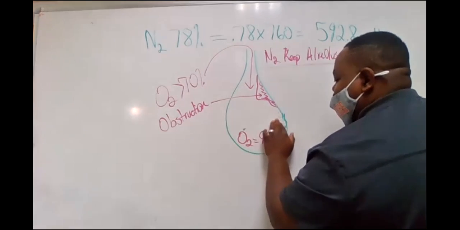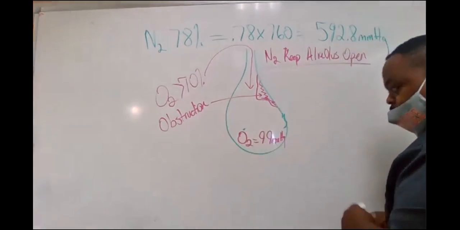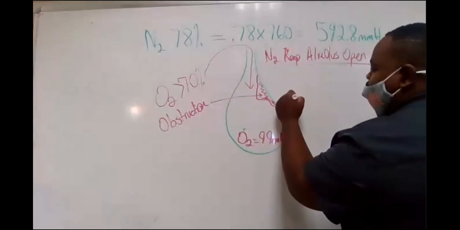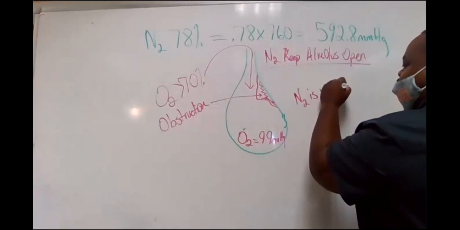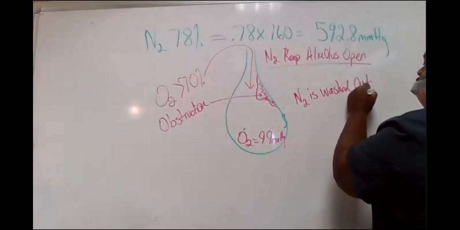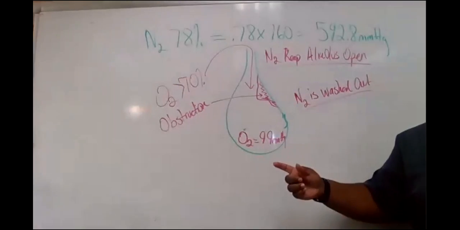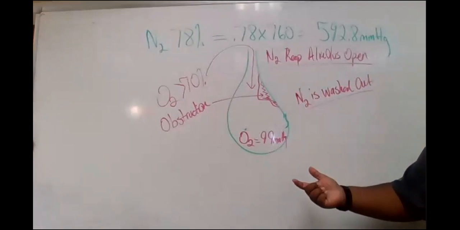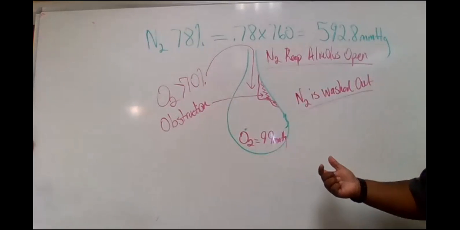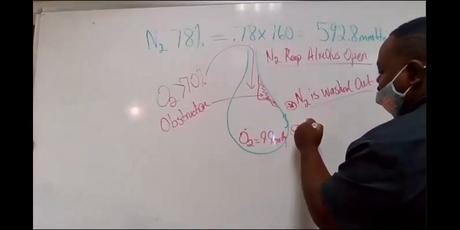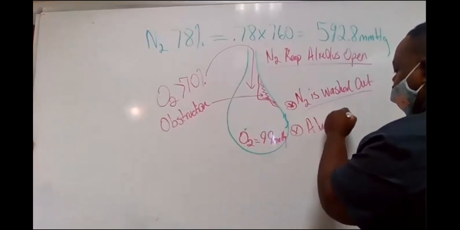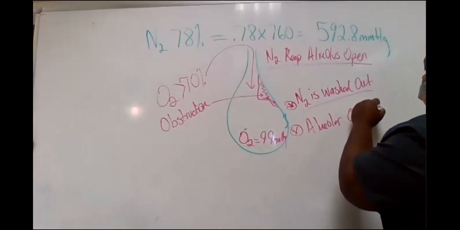The nitrogen is washed out, all right? At this point, nitrogen is washed out. So if nitrogen is washed out, what happens to the alveoli? It closes, which results in alveolar collapse.